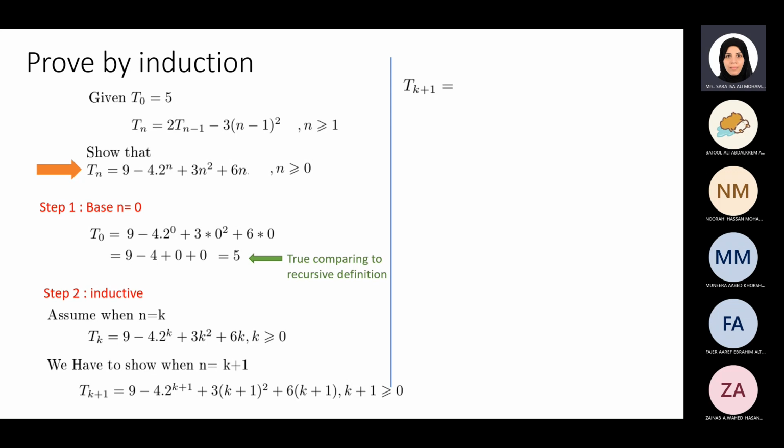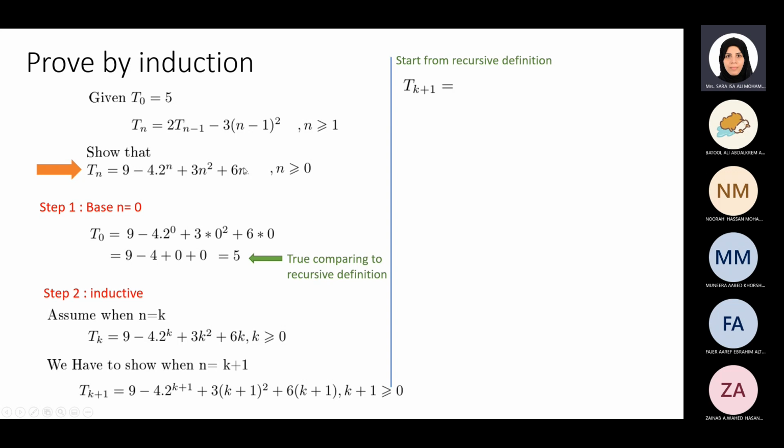What is Tk plus 1? How can I simplify Tk plus 1 to be this term? So here, to start my proof, I need the first definition. We said this first recursive definition will be used in two places in the solution. The first usage is to compare whether my step 1, which is the base case, is true or false, so I see the base value here against the base value there.